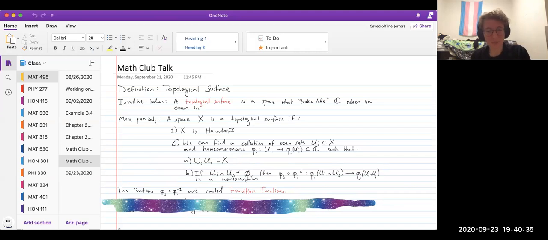These phi j of phi i inverse functions are called transition functions. So basically, condition B says that the transition functions have to be homeomorphisms.